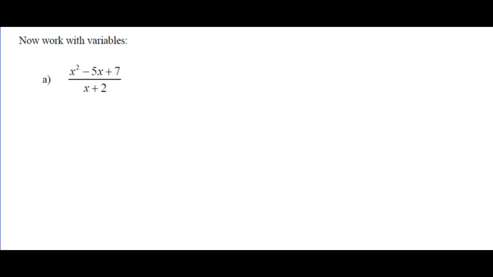This is called long division with polynomials. So I'm going to say x plus 2 goes into x squared minus 5x plus 7. Now, obviously it's got variables, so we're going to have to modify things a little bit, but the idea is still the same. So, x goes into x squared how many times?